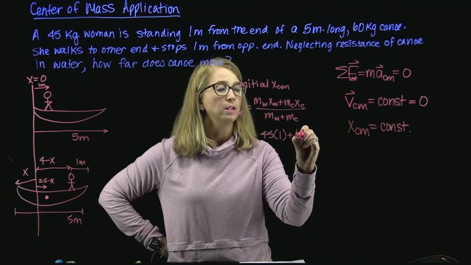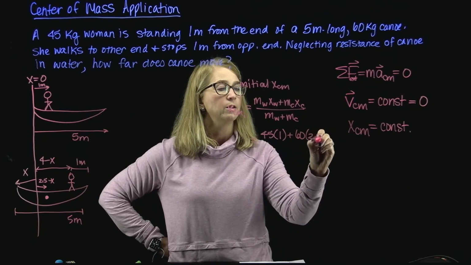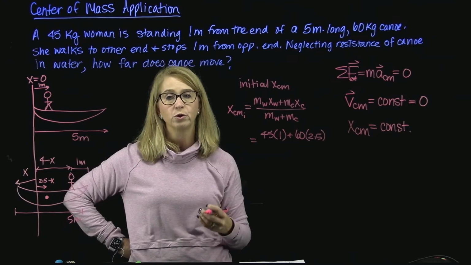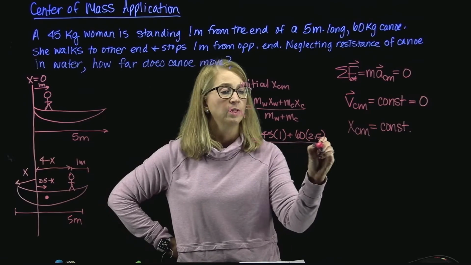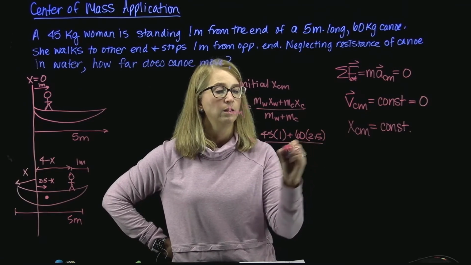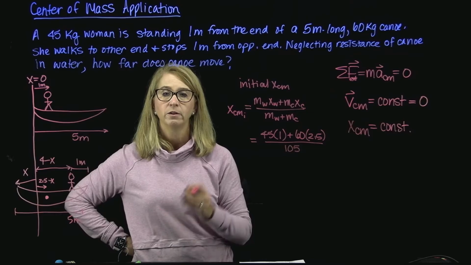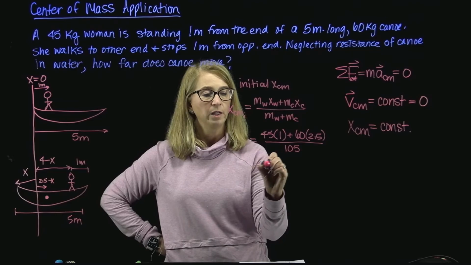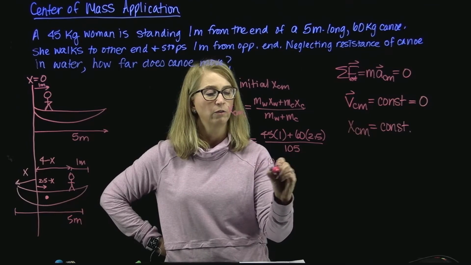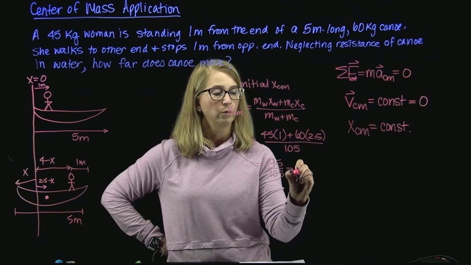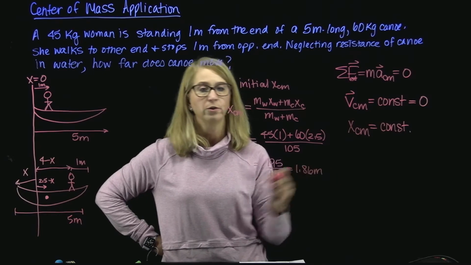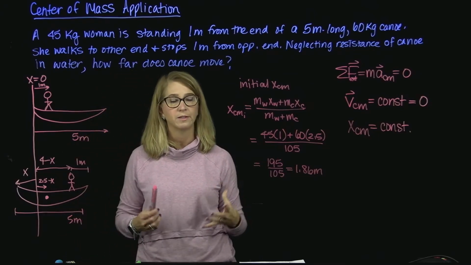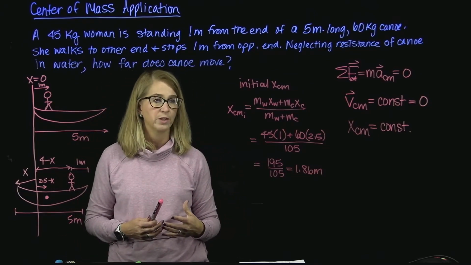The canoe is 60 kilograms, and the mass is located in the geometric center of the canoe, which is 2.5 meters from the end. And then we divide by the total mass of the woman and the canoe, which is 105. This ends up being 195 over 105, which is equal to 1.86 meters. So the center of mass of the system is 1.86 meters, and we expect this to remain the same.